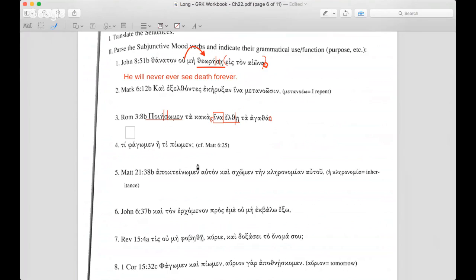Every time you see somen, you're probably going to jump immediately to a hortatory subjunctive, because Paul uses this all over the place. You're going to get very used to this. So it's going to be something like, let us do evil, which kind of seems weird, right? Let us do evil, but let's translate it and then figure out where we went wrong. So let us do evil, hina. In order that, or so that, either one.